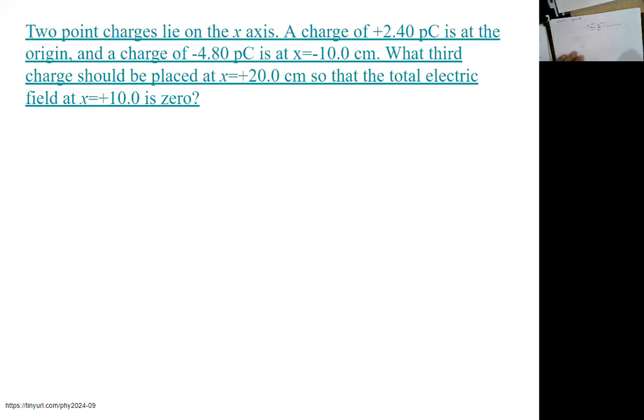It wants the electric field at x equal to 10, E at this point, to be 0. It's asking where you should place a third charge, Q3. Let me say x3. I think it's asking x3 is equal to 20, so Q3 is sitting there.